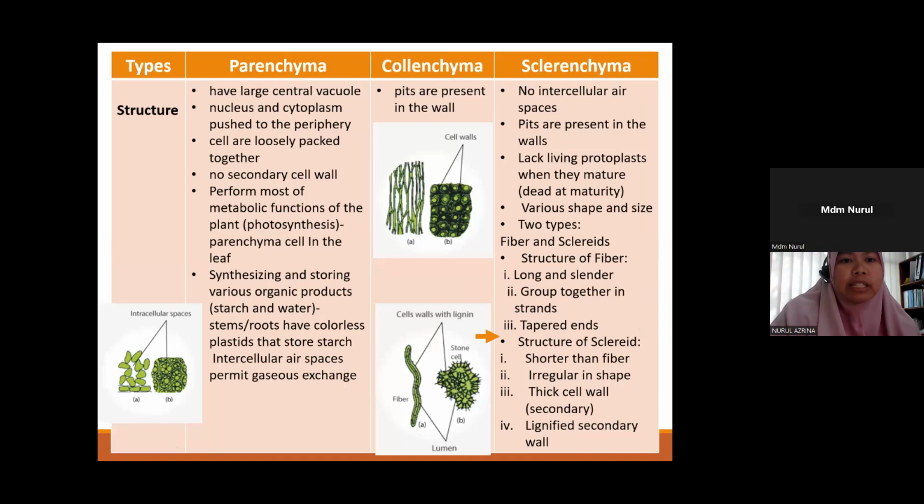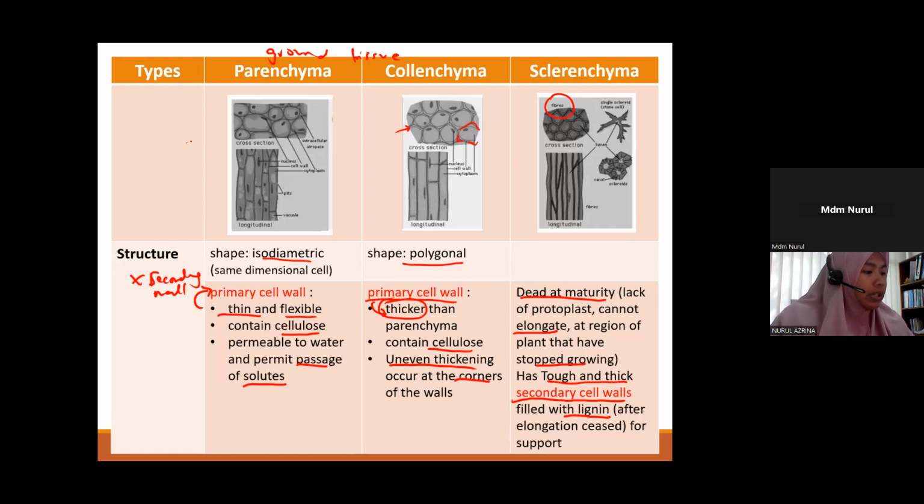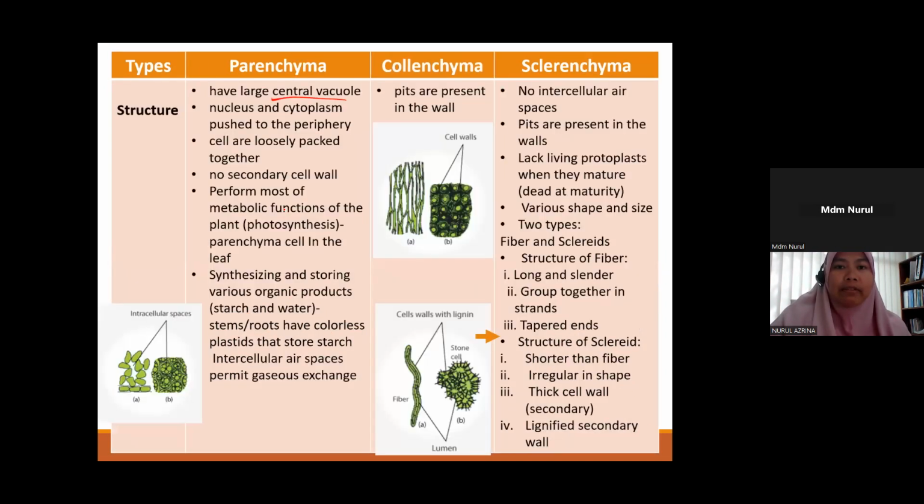Another structure we have to know about parenchyma is that parenchyma cells have a large central vacuole. This is what you can see here: a large cell with a large central vacuole. This is how we can identify parenchyma.